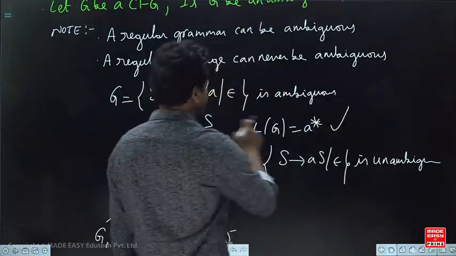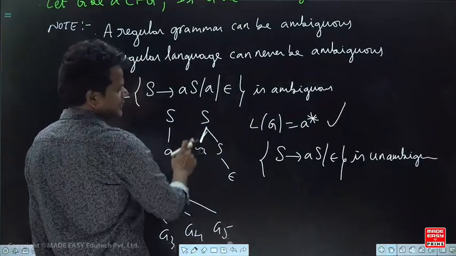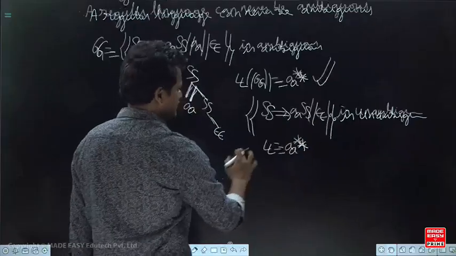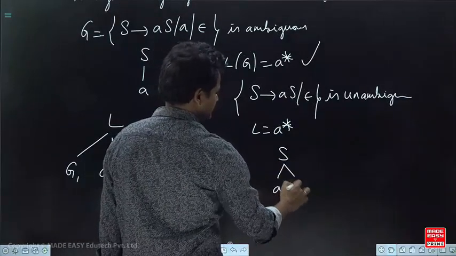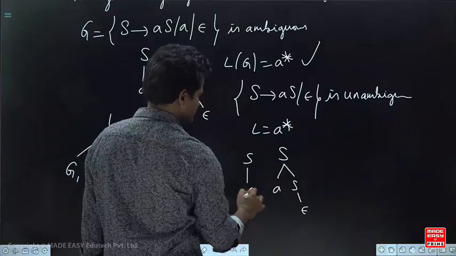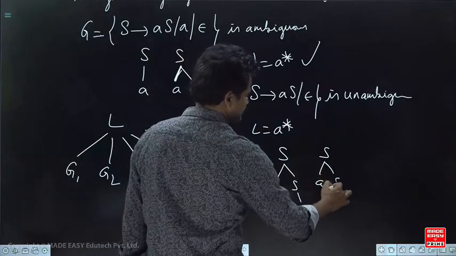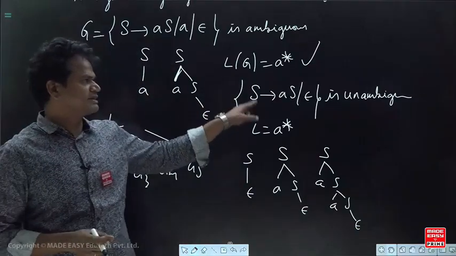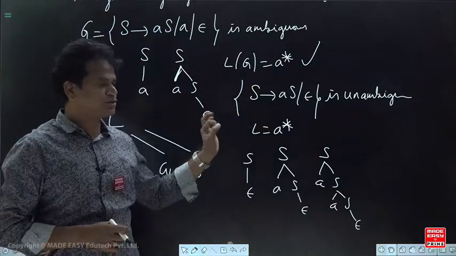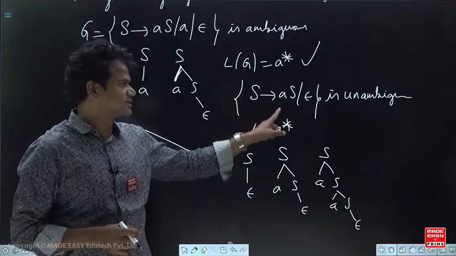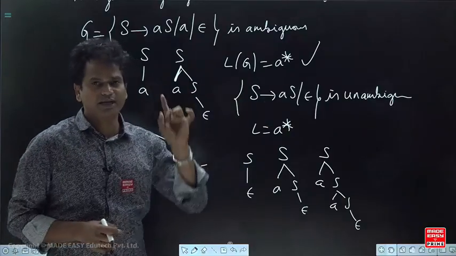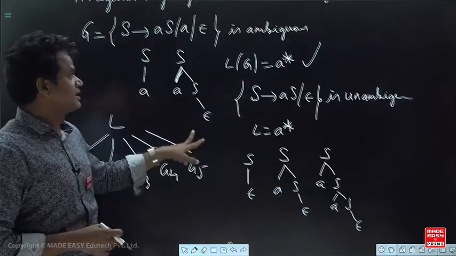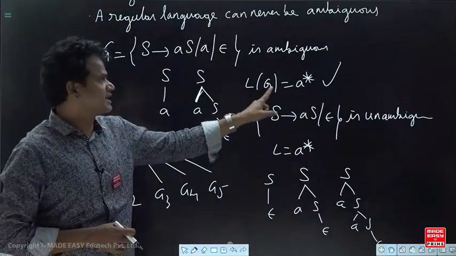This guy gives A star, but it is ambiguous, whereas this also gives A star, but it is S derives A S or epsilon. Whatever strings this grammar gives will have only one parse tree.